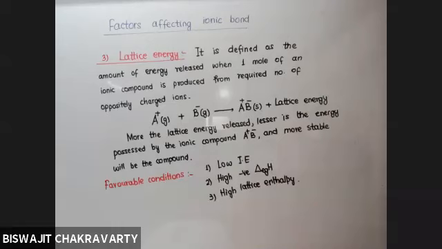So they eagerly take the electrons. And that is why we say that criteria number 1 is well satisfied by group 1 and group 2. Group 1 maximum, group 2 to the next extent. Criteria number 2 is well satisfied by group 17 and group 16. Group 17 more, group 16 a bit lesser.